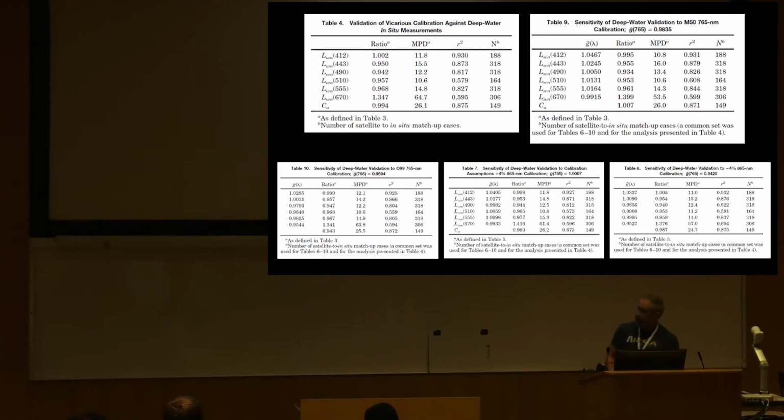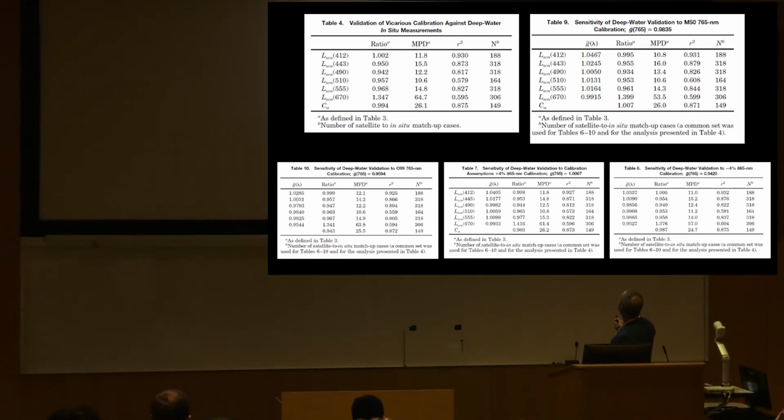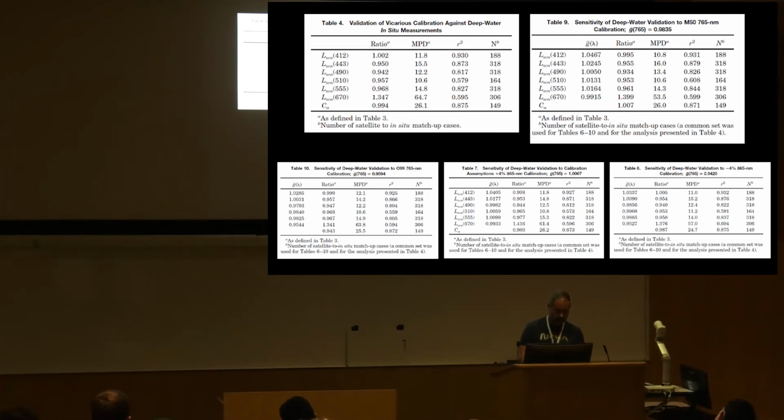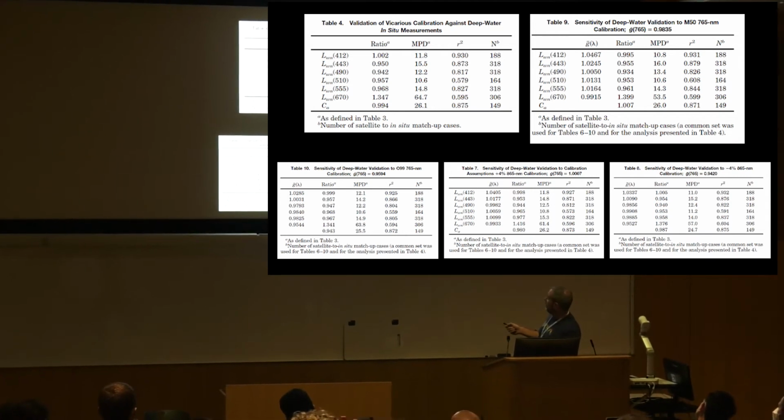Okay, so this is what I just showed you, just to share some sensitivity analyses. This one was choosing a different aerosol model during the near-infrared calibration. So the gains change a little bit, but the statistics don't change a whole lot. This is the same for picking a different aerosol model and repeating the process.